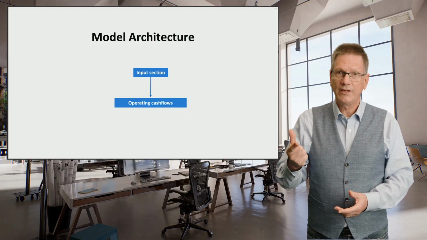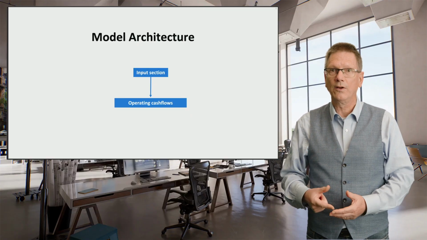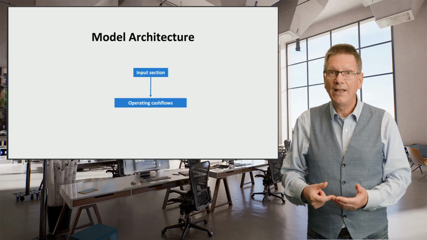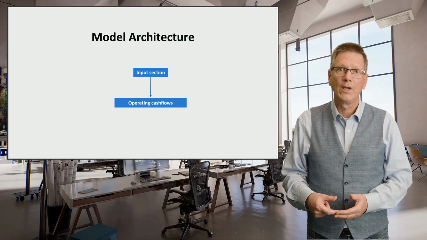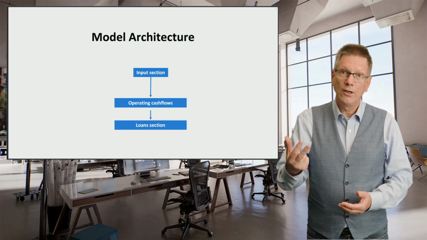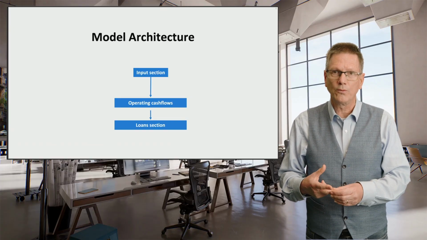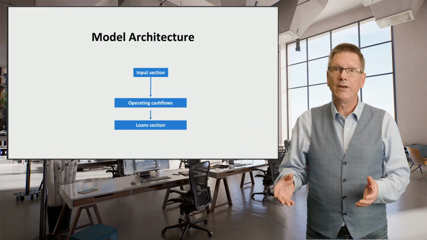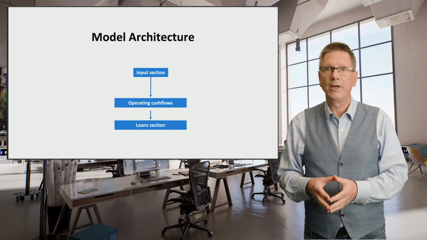Then there's a cash flow section in the model which calculates the expected cash flows. These cash flows must be generated correctly and posted in the period that they are expected to occur. There is usually a loan section in the model that summarizes the development of the project loans, when they come in, how much interest accrues in a period, when that interest is paid, and when the loan principal is repaid.